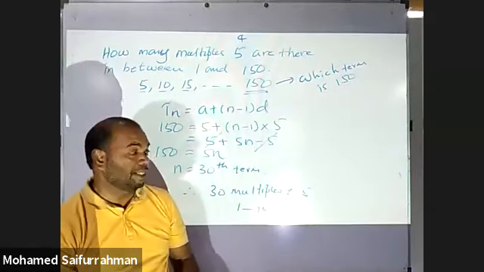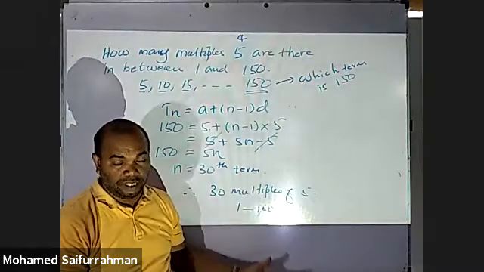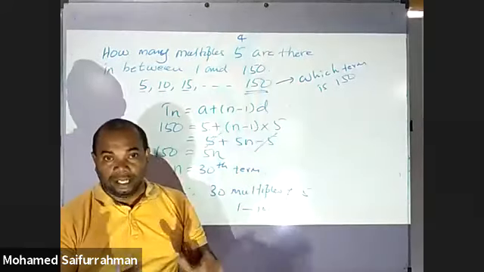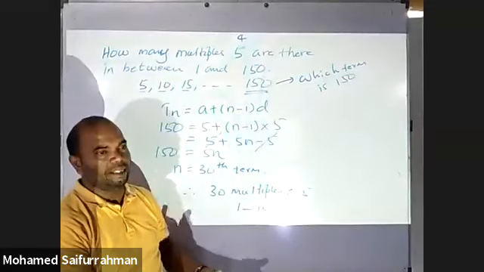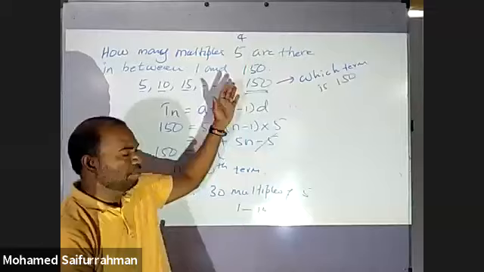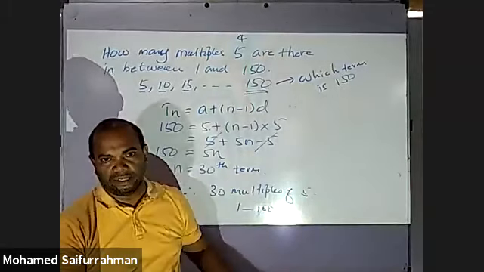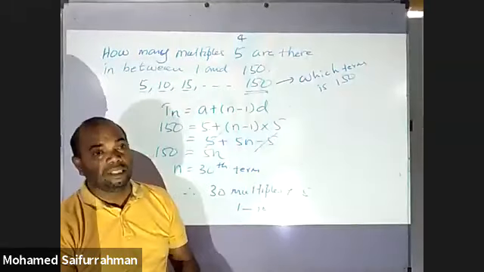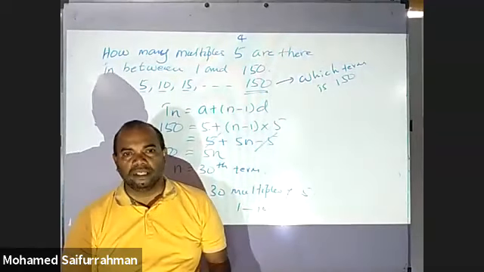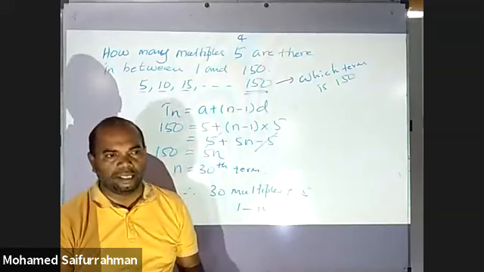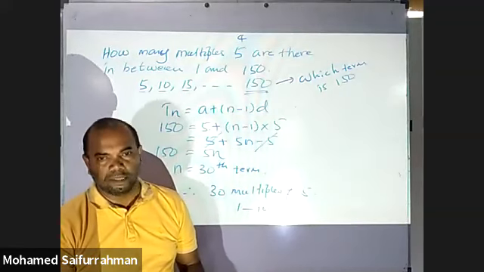Please get the answers before the next class. In the next class, I will give only the answers for the questions I sent, and we'll start the second part of arithmetic progression, which is how to find the sum of an arithmetic progression.